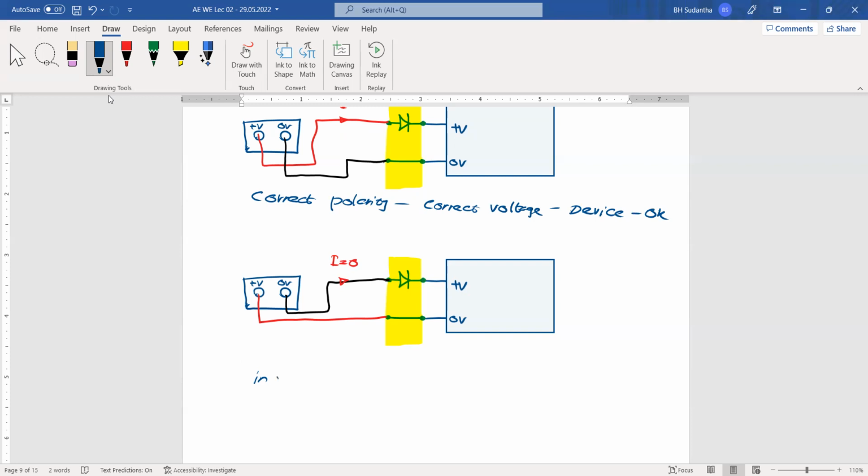But this is incorrect polarity. During this time, this diode is forward biased, but during this time, the diode is reverse biased. Incorrect polarity, no voltage to the device. Still, the device is okay. The device is not working, but it's okay. It will not be damaged.